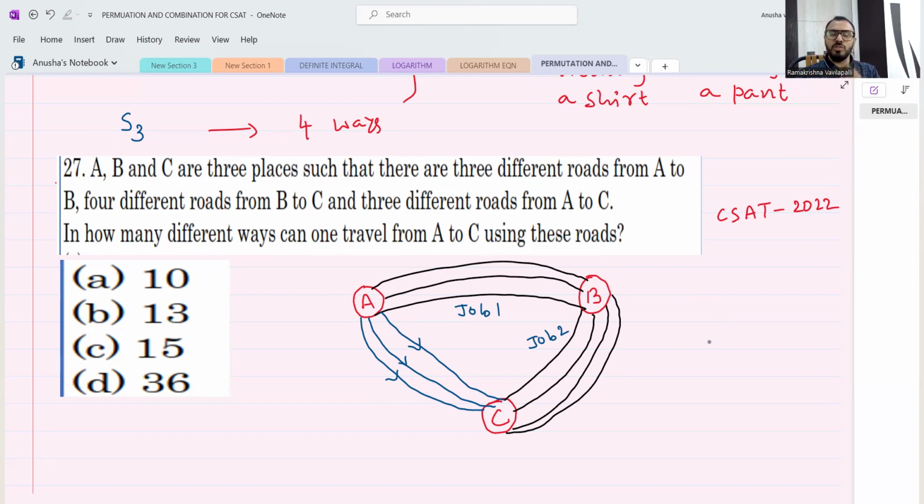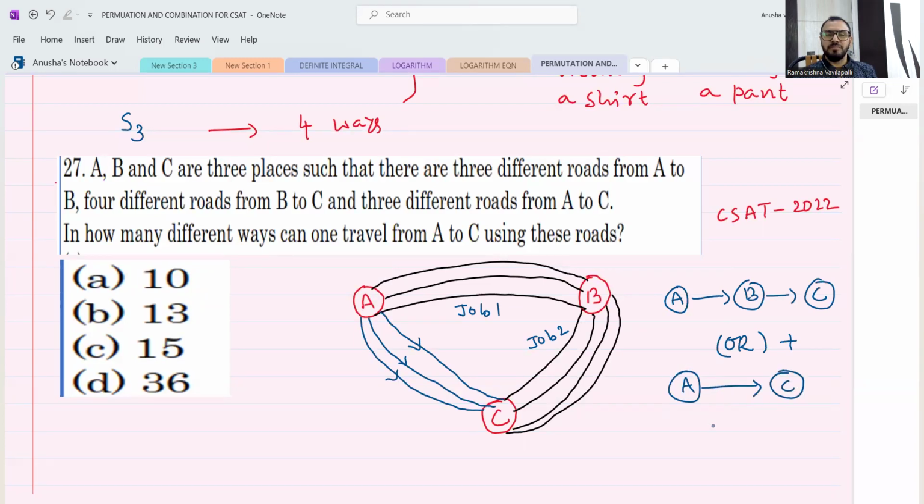So the number of routes from A to C: start from A, reach B, and then reach C. Or, whenever "or" comes, you have to use the plus sign.